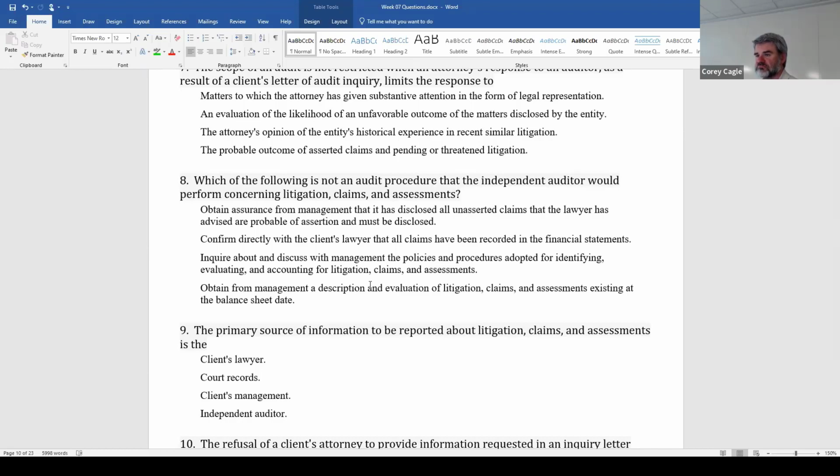All right, we would want to do that. We'd handle that in the rep letter. B says, confirm directly with the client's lawyer that all claims have been recorded in the financial statement. That we would not do.